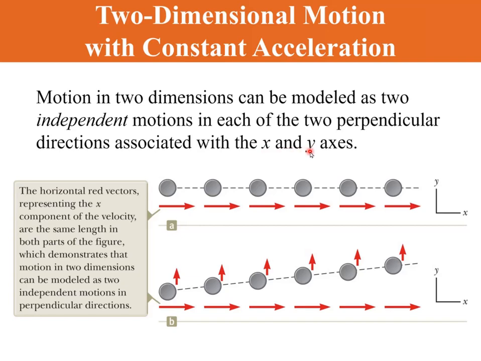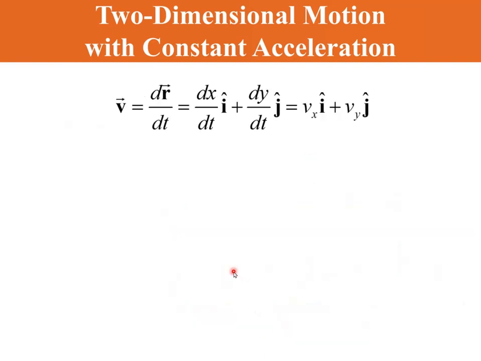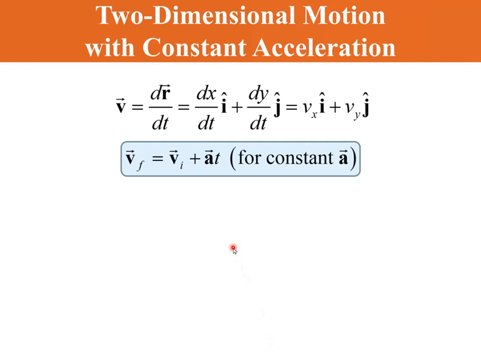So to analyze motion in two dimensions, let's say for v, the kinematic equation we have learned in chapter 2 is v final equals v initial plus at, for constant a.